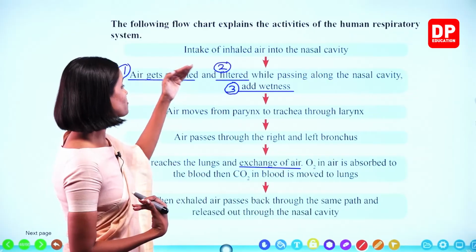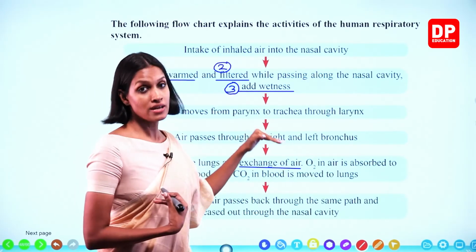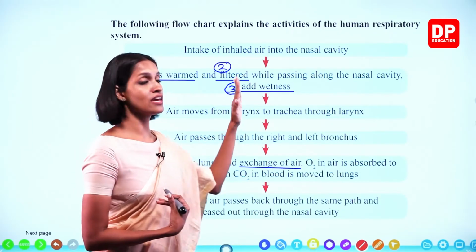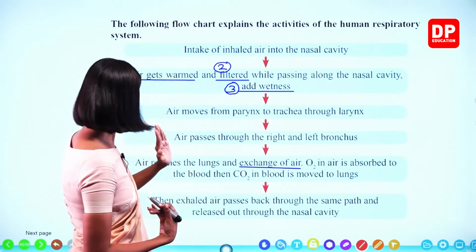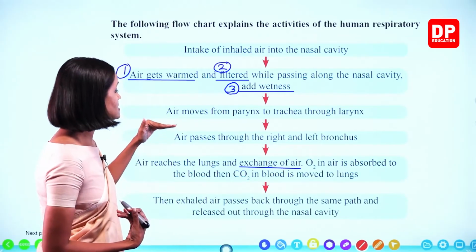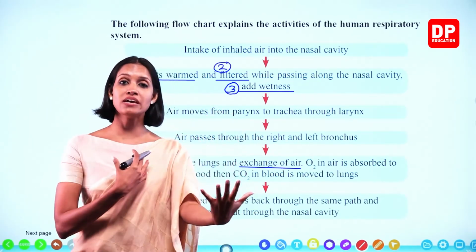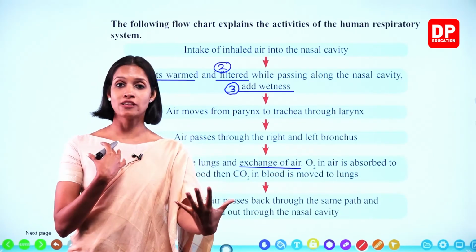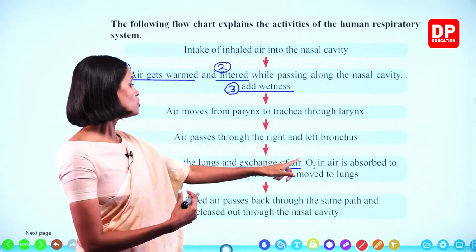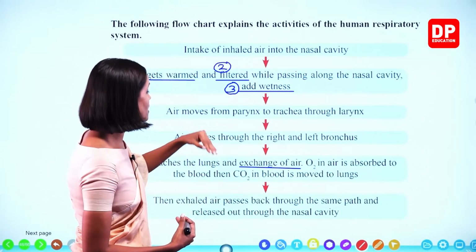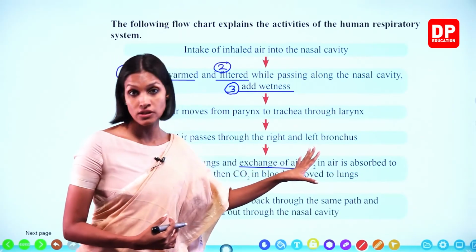Air moves from pharynx to trachea through larynx, and then air passes through the right and left bronchus. Okay? Air reaches the lungs and exchange of air, oxygen and carbon dioxide change from one place to another. Oxygen in air is absorbed to the blood. Then carbon dioxide in blood is moved to lungs.